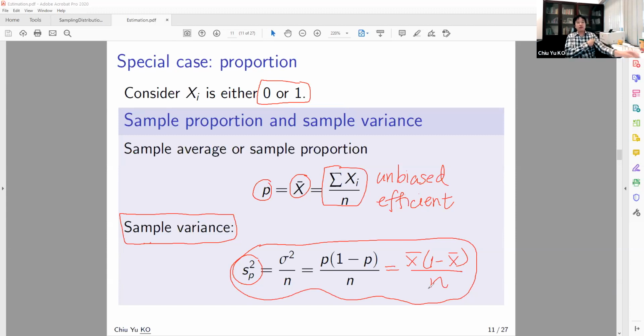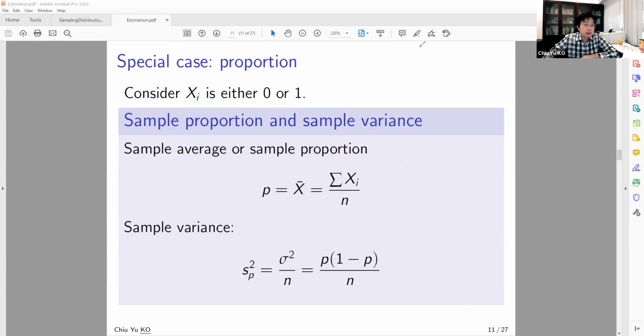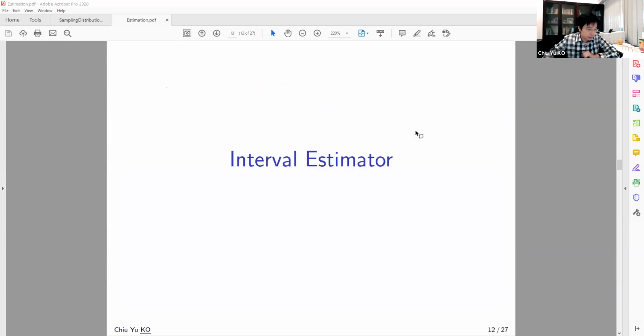If no, then we will go to a part called interval estimator. This interval estimator is easy to calculate, but I would say it's very difficult to understand precisely what it is. It's not easy to understand, but hopefully you will pay attention to understand what it means.